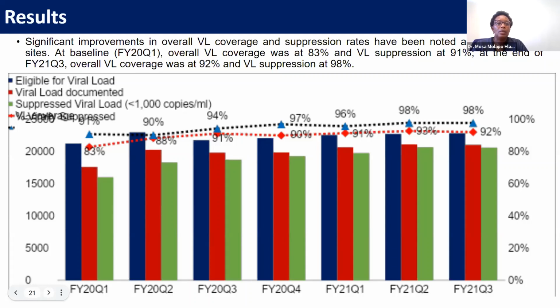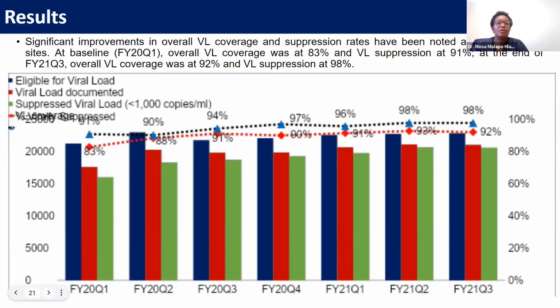But when we closed the third quarter of FY21, we noted great improvements, and this is all due to the hard work that's being done by us, teams at site level, at district level, and also with support from the central level team.